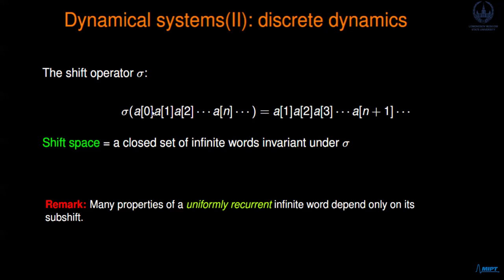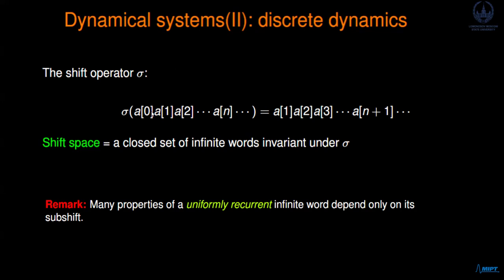We consider the natural number to include 0. So this means the symbol at position a0 is removed and every other symbol is shifted one place to the left. The shift operator is fundamental in symbolic dynamics because it represents the evolution of a system over time in discrete steps.